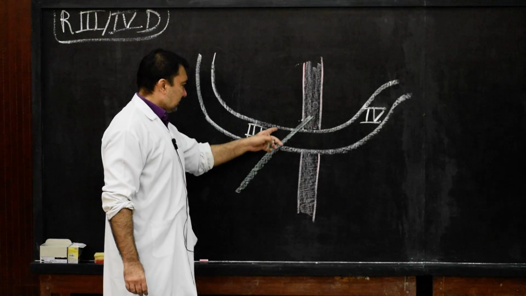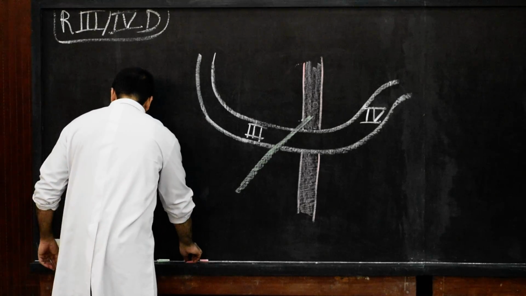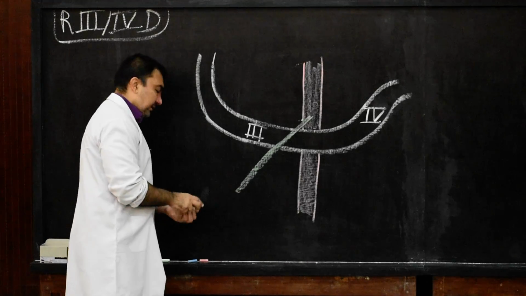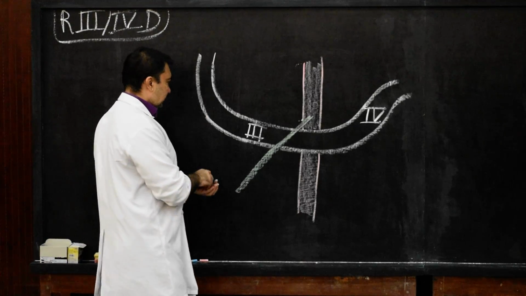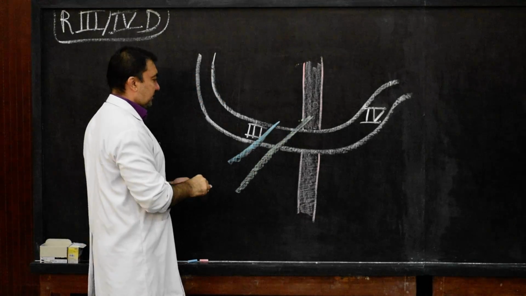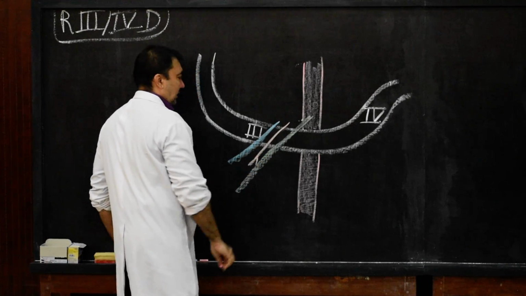Other structures besides the root of the mesentery: please draw an artery and a vein. The artery and vein will be the superior mesenteric vessels. Please draw the superior mesenteric vessels in this way. Here this will be the superior mesenteric vein, and this will be the superior mesenteric artery.